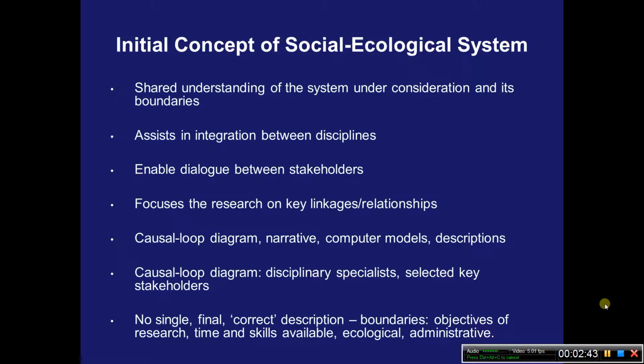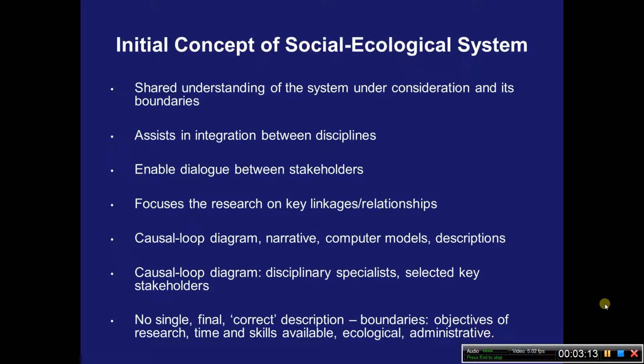But perhaps more importantly, why should we be developing this concept? One reason is that if you think of a puzzle in a box, the picture of the puzzle is usually on the outside of the box. Our concept of the social ecological system is that picture, so that when you get the different puzzle pieces, you know what you're working towards.